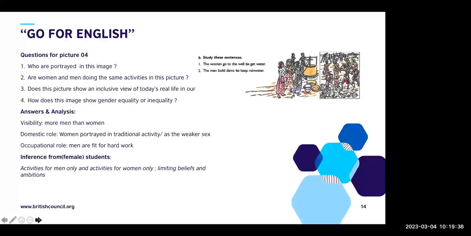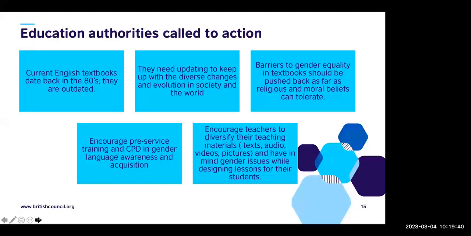Next slide, please. Okay, now this leads us to do a kind of a call to authorities or to education authorities to reconsider, okay, the textbook, because these textbooks, as a matter of fact, they date back to the 80s. Therefore, they're outdated.